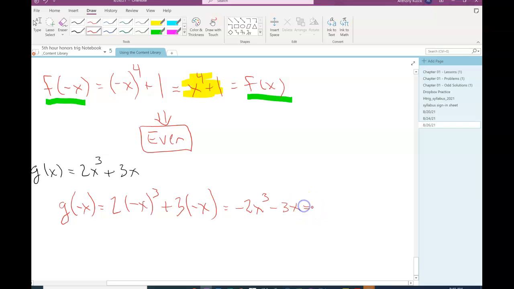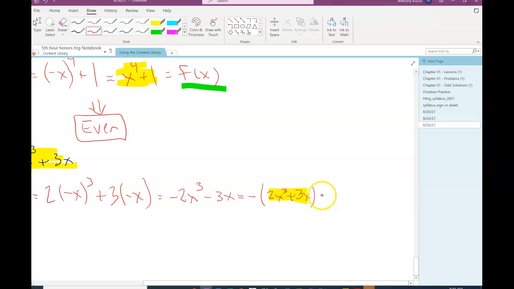However, I notice that if I factor a negative sign out, what I'm left with is exactly g of x. So I have negative, because of the negative sign still out front, and then g of x.